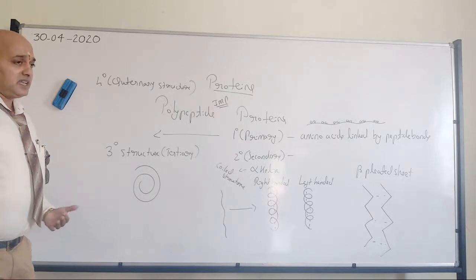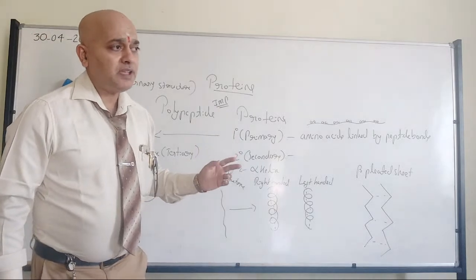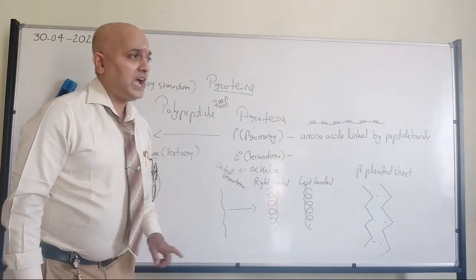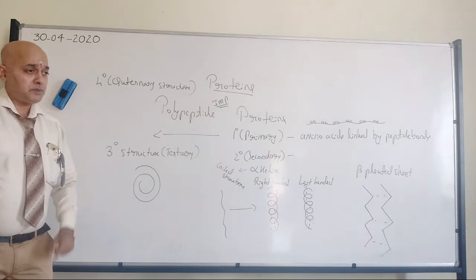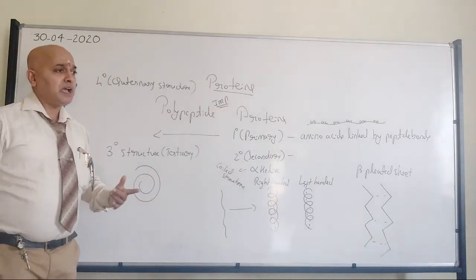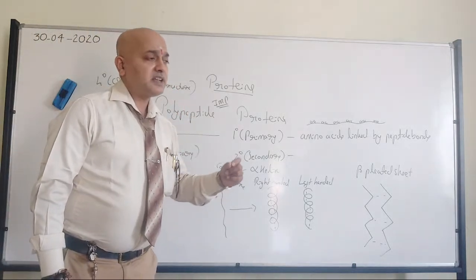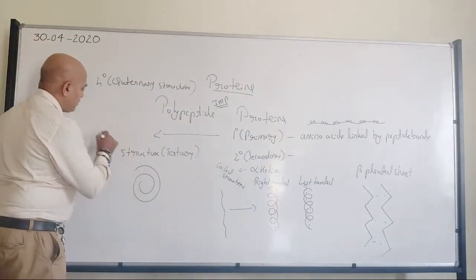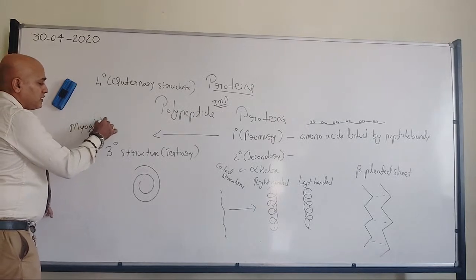What I mean to tell you is, we have many proteins which will be having more than one polypeptide in their structure. Same way, we have many proteins which will be having a single polypeptide in their structure. For example, biology students will be knowing this one. We have one of the proteins called myoglobin, right?